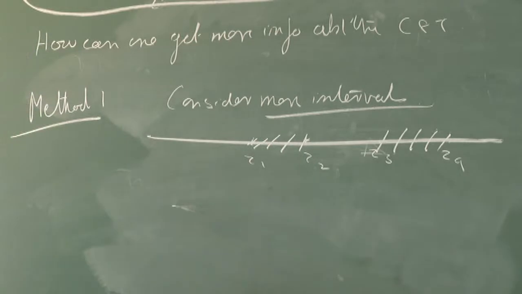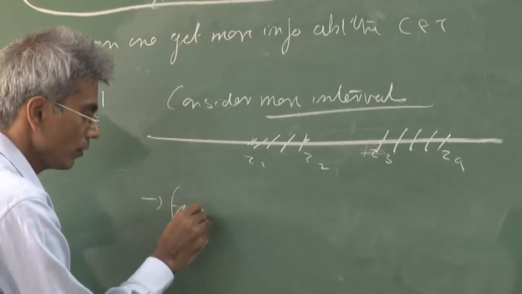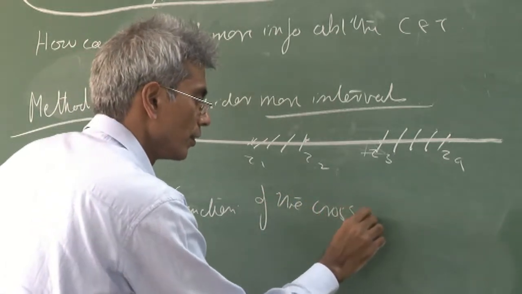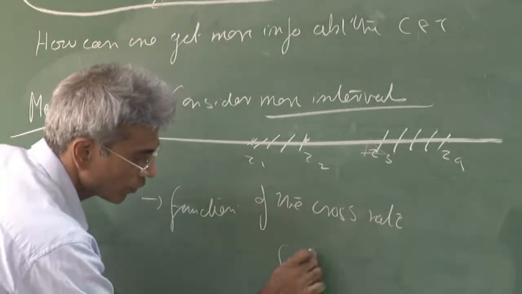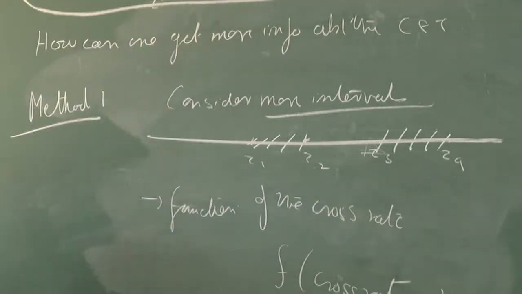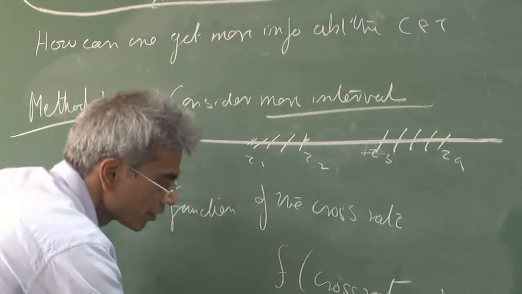The entanglement entropy is a function of the cross ratio. So let me just write f of cross ratio. It's a function of the cross ratio, say let's call it x.